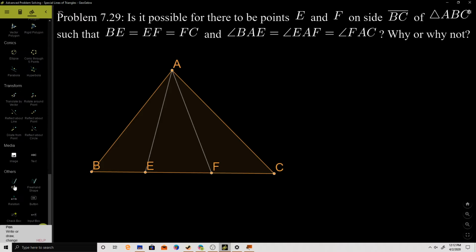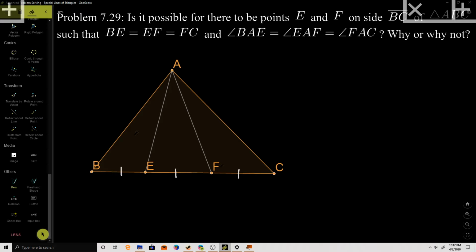Now, the problem is stating that all these sides are the same. So BE is the same as EF, is the same as FC. And it says that BAE, this angle here, is the same as EAF, this angle here, which is also the same as FAC, which is this angle here.